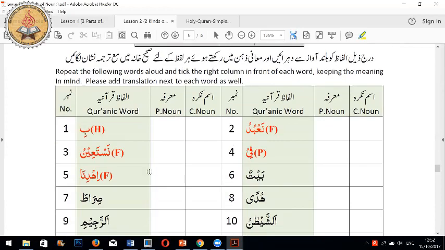And I think this class is lucky that I highlighted it. Before, for the previous participants, I did not highlight it with this red color coding, and without putting H or F. H means harf, and F means fi'l, verb.